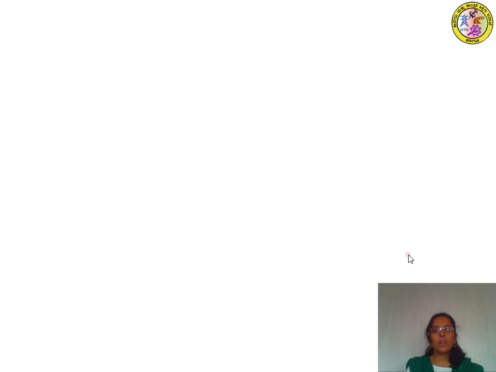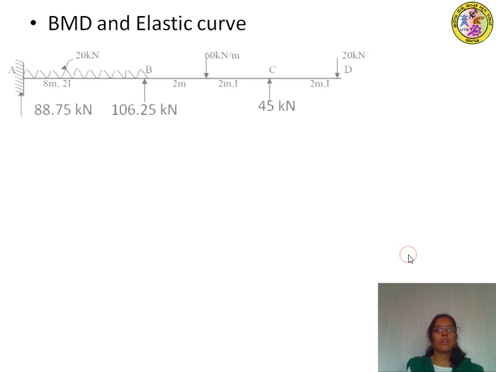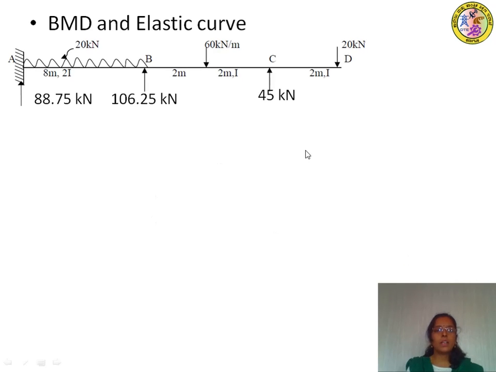Next, we will plot the bending moment and elastic curve. To draw the bending moment and elastic curve, consider the given beam along with the support moments. Okay, so for the AB member, MAB is minus 129.98, therefore anti-clockwise, and for BA, MBA is plus 60.03.